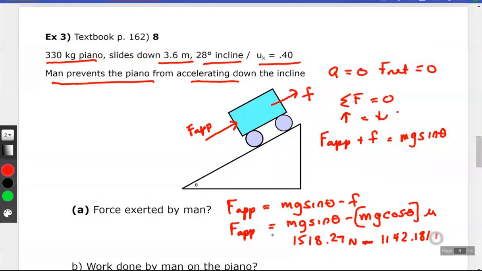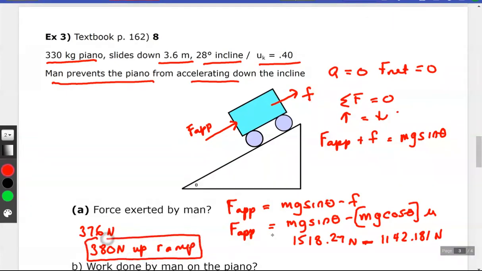That's newtons. And when you do the subtraction, you get 376 newtons, which turns out to be 380 newtons. Which direction? Up ramp. You might even want to call it negative 380 if you wanted to call up negative and down positive, which we'll do later on.